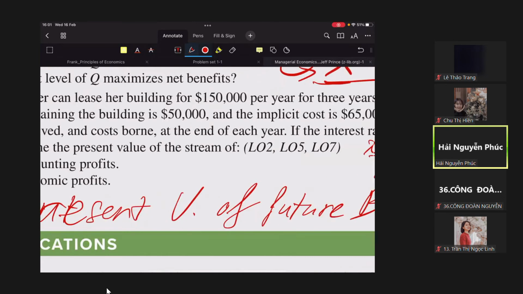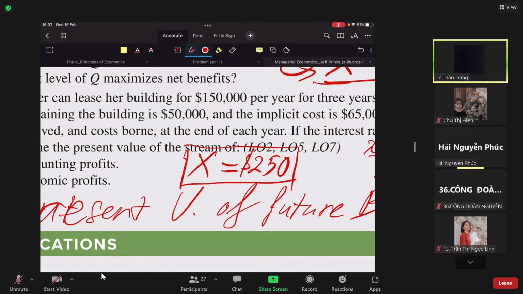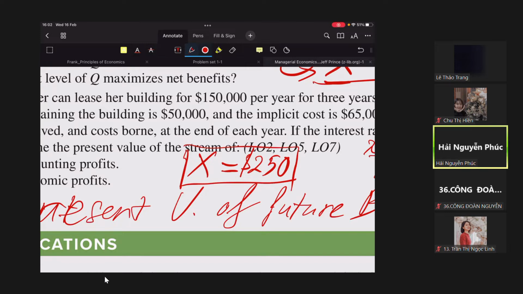Suppose that after the computation, you find out that x is equal to $250. What would be your choice? Maybe standard. Not exactly.